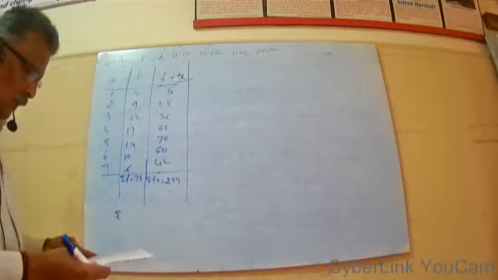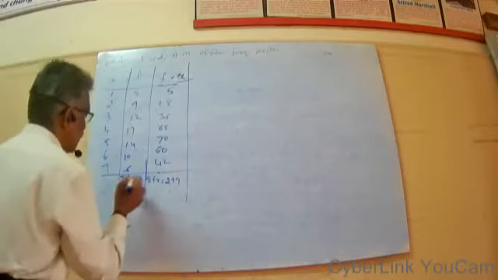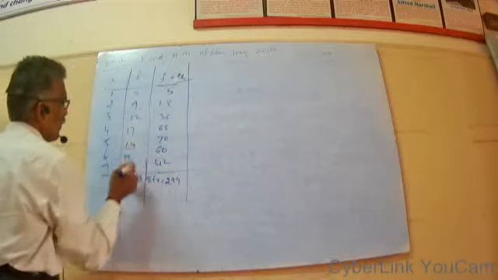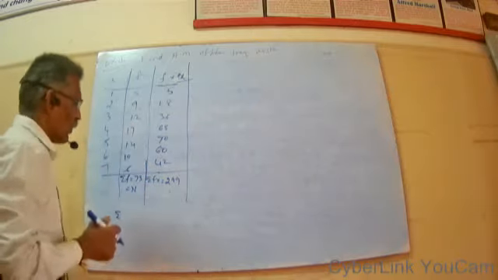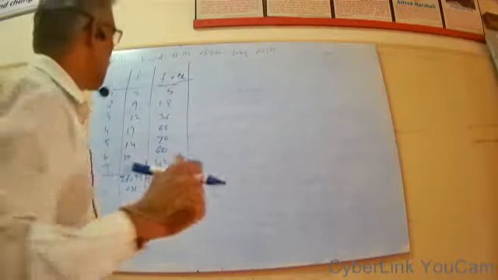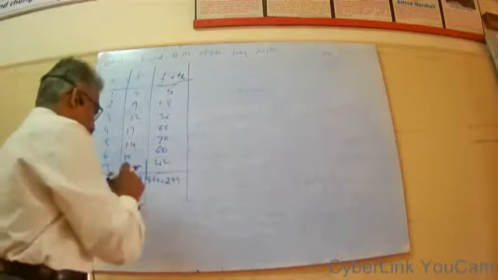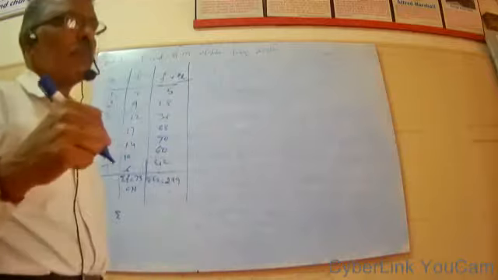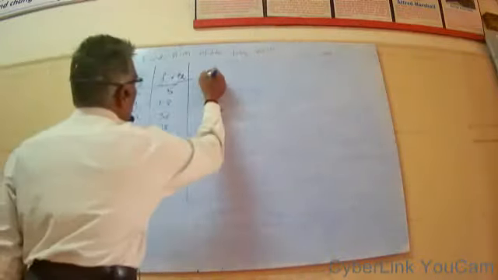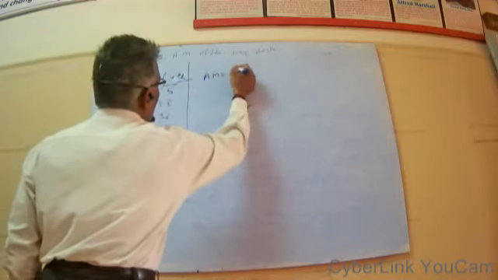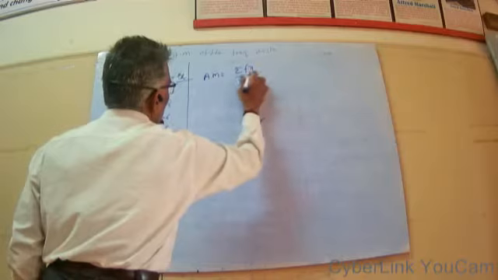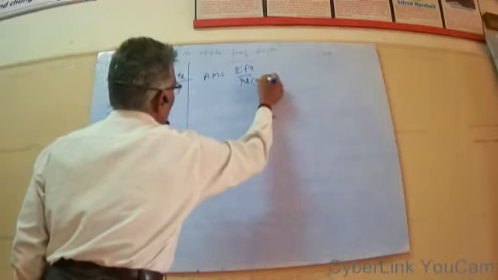The sum of f is also called capital N. Small n is counting the numbers, and the sum of frequency is capital N. Now the arithmetic mean equals the sum of fx divided by capital N, the sum of f.